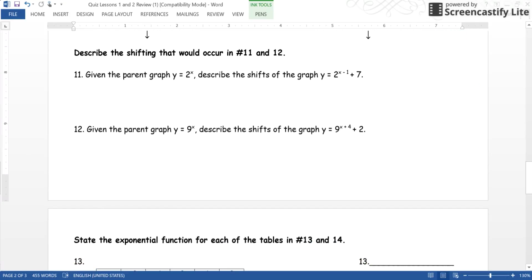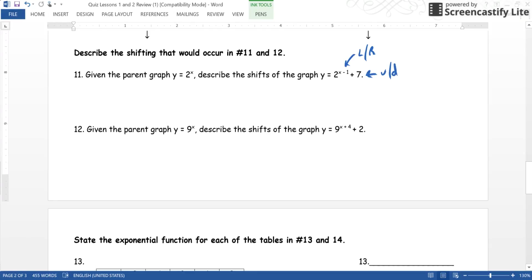So describe the shifting that would occur. Given the parent graph, y equals 2 to the x, describe the shifts. So remember, up top here, that's a left-right shift. This is an up-down shift.